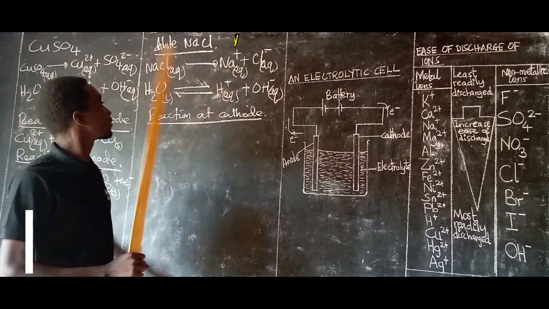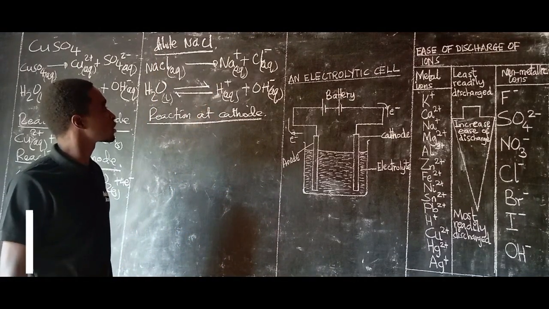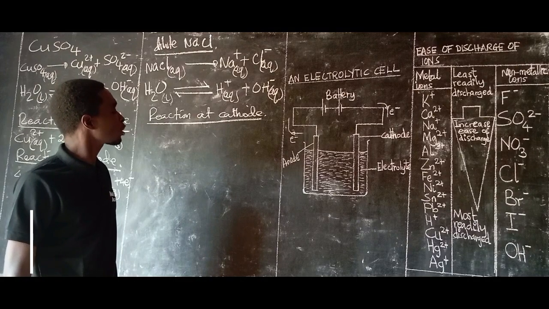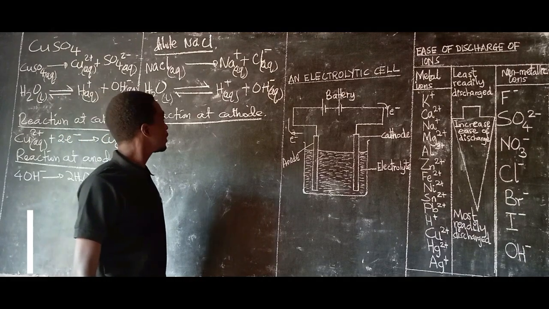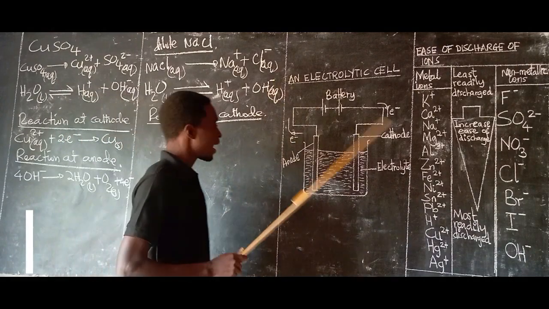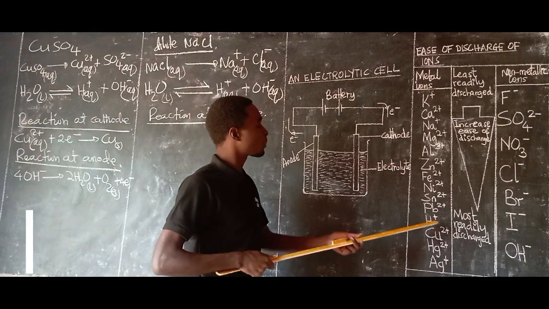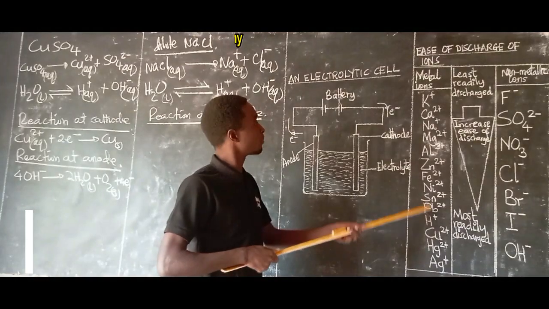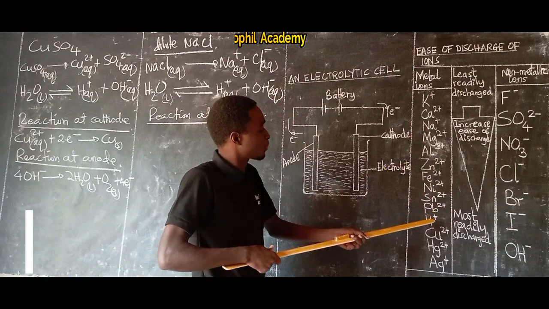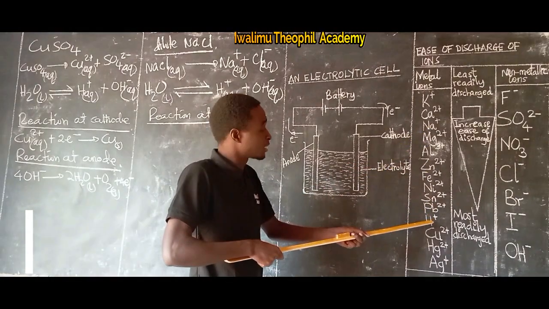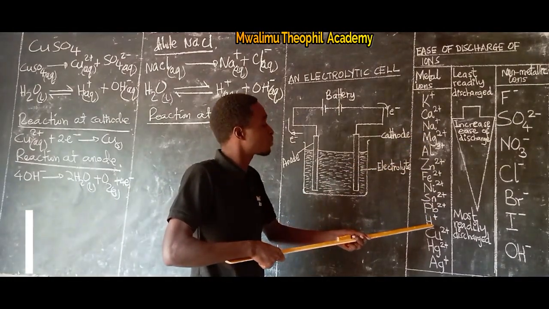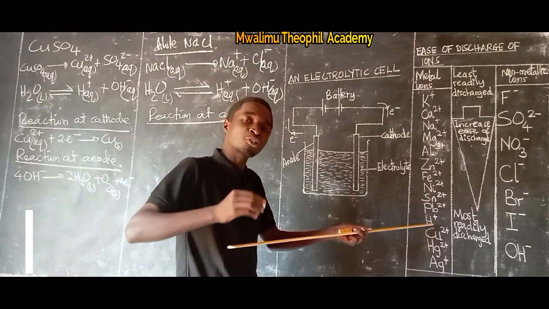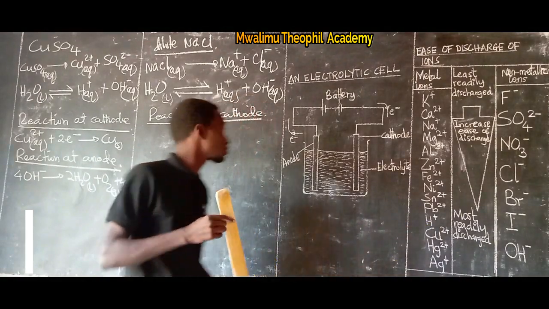Let us see their position in electrochemical series. As you see, hydrogen proton is below sodium. Sodium is here, but hydrogen proton is here. So it is simply that hydrogen proton is below sodium. Now, hydrogen proton will be discharged in preference to sodium.